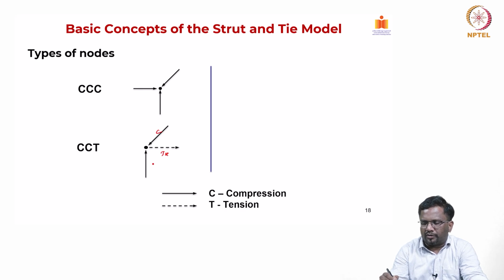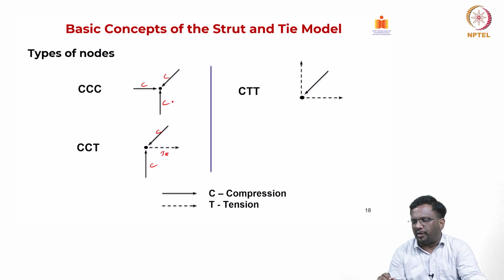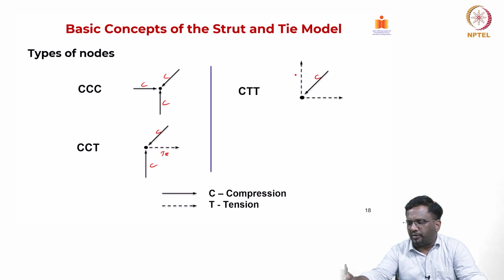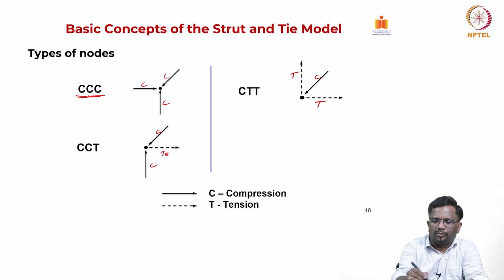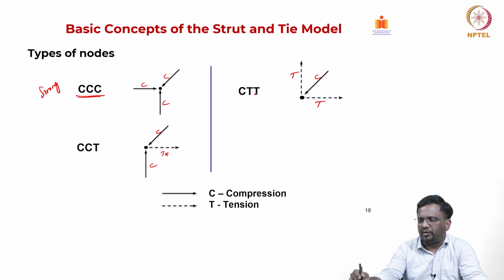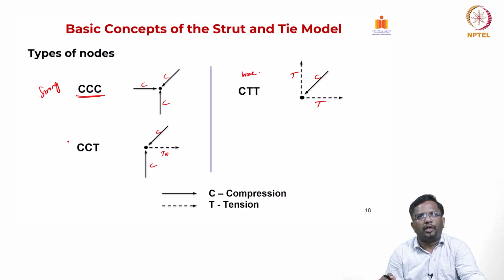This is C, here everywhere C, compression. Then you can also have compression, tension and tension. Now, of all these, this is going to be the strong node, and this is going to be weak, and this is going to be in between. The more tension you have in the nodal region, the weaker that particular node or nodal region is going to be.